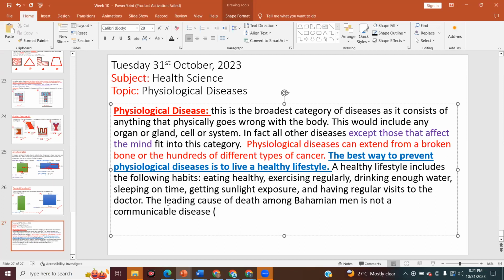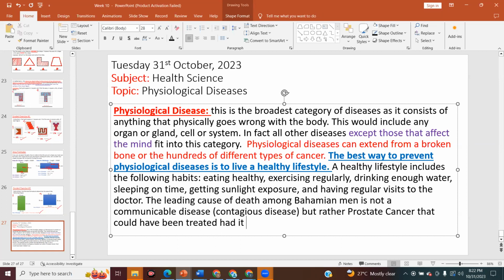What do we mean by communicable? It means a contagious disease. But rather prostate cancer, that could have been treated had it been diagnosed in time.